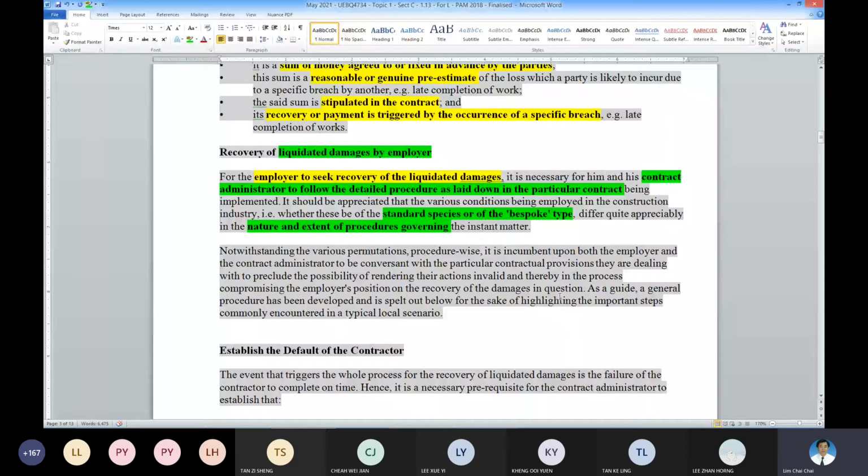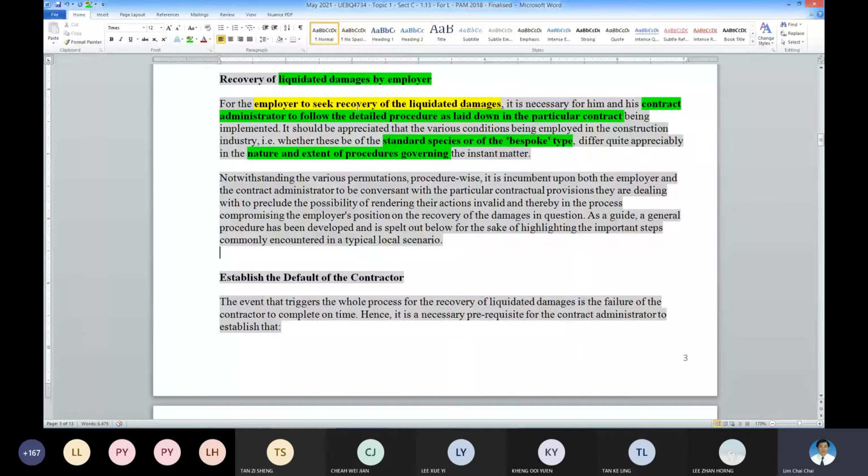It is the employer's right, but for the process to get it done, the contract administrator needs to help tidy up the paperwork. If the paperwork is not done correctly, the employer may not recover the liquidated damages, or there may be delay in recovering them.